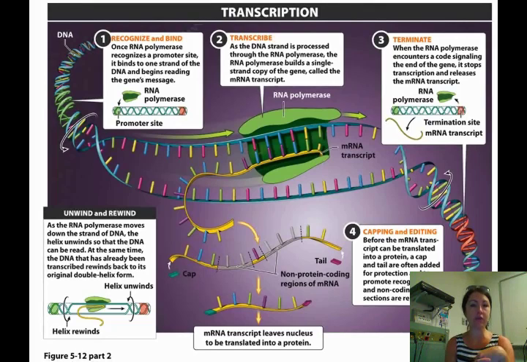So here in transcription, as you can see in the upper left-hand corner, we've got our strand of DNA, and it's coiled tightly up, wound tightly up. The first thing that's going to happen is the recognizing and binding. RNA polymerase recognizes a promoter site, which is the spot at which the DNA has started to unwind, and the RNA begins to make a copy of the DNA.